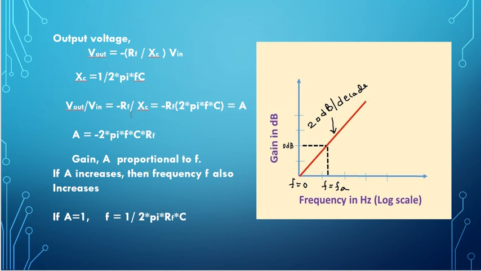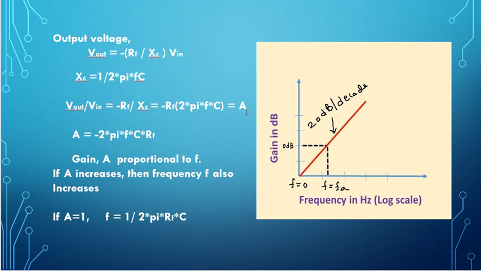So we get minus RF into 2 pi FC, which is A, the gain. We know that gain is output voltage by input voltage. So the gain A is equal to minus 2 pi FC RF.